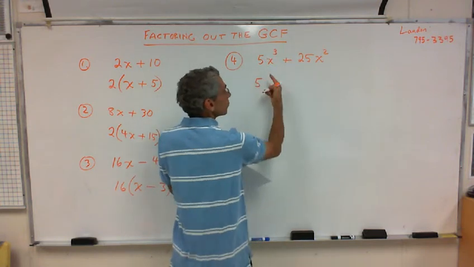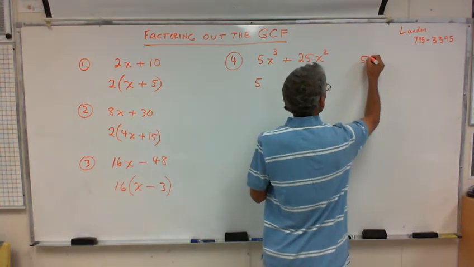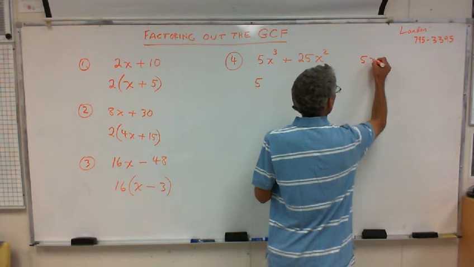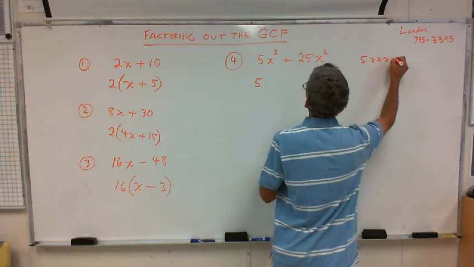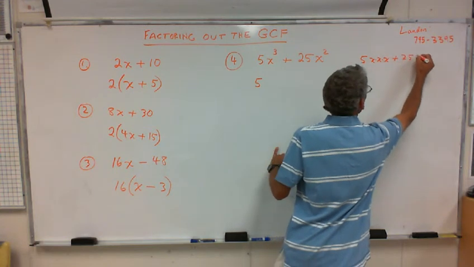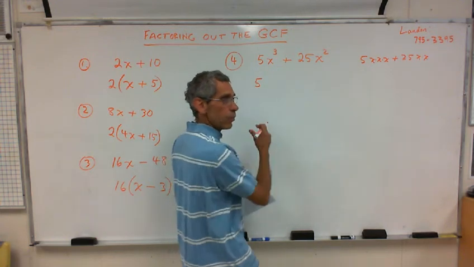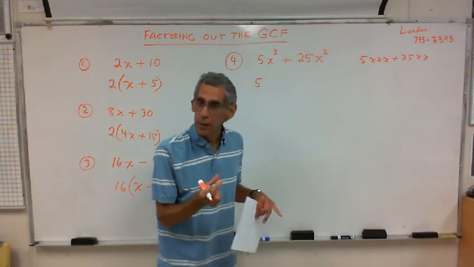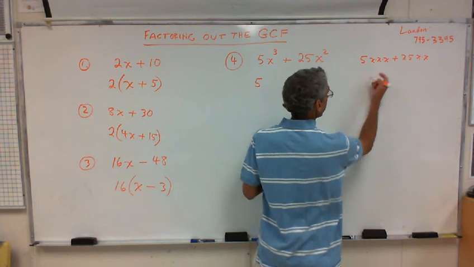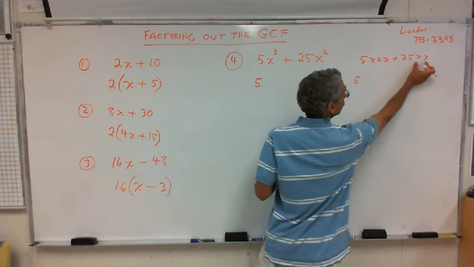Because think about it. What this really says is 5 times x times x times x plus 25 times x times x. I want to know what I can take out of both of them. They have 5's in common, and they also have 2 x's.